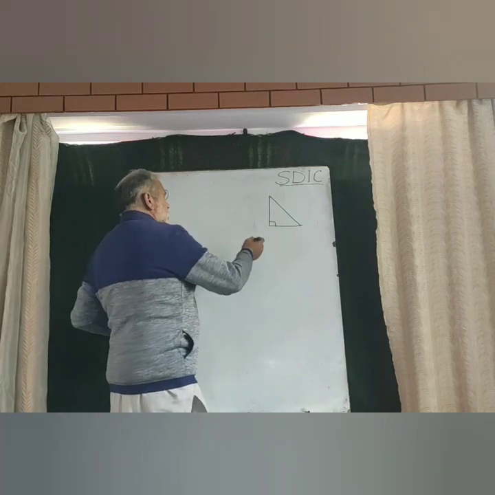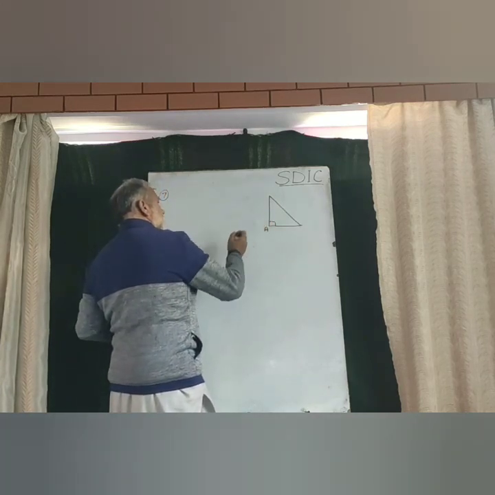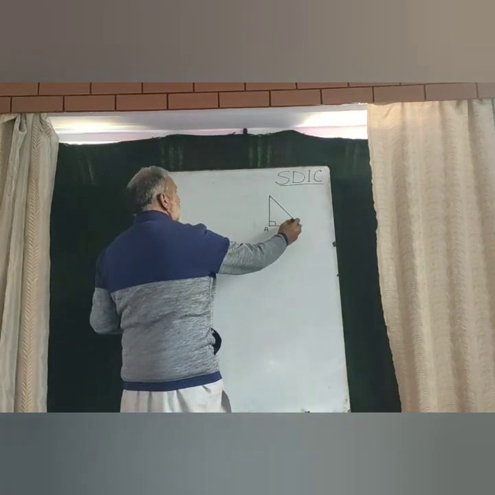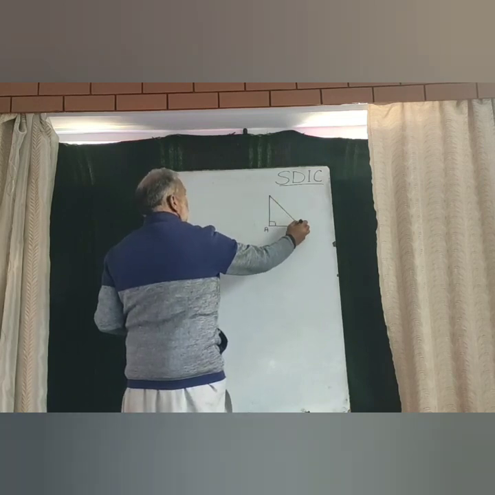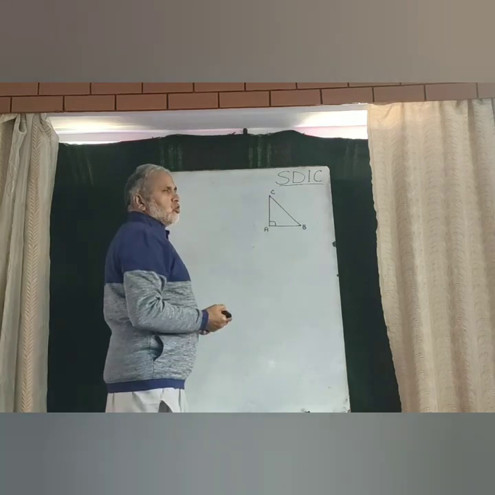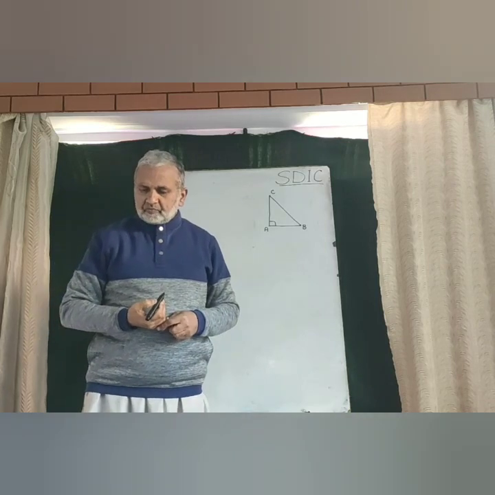Therefore, the vertex where the 90 degree angle is formed, you have to name as A, because it is right angled at A. The remaining two vertices you can name on your own choice as B and C. One of those will be B, another will be C. So we have triangle ABC.